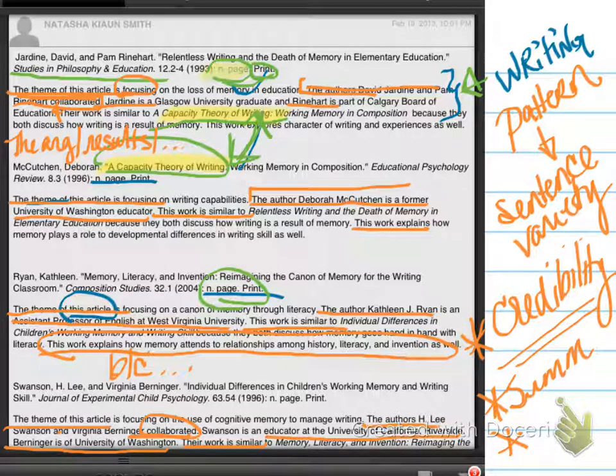Because you're interested in memory. I mean, if you're interested in this part of it, that's fine, but you get the idea that that's about the connection. And then the other part is comparing, which you've done. You have compared the different works. So good job on that. All right, I know I've totally scribbled on this. I hope it makes some sense.